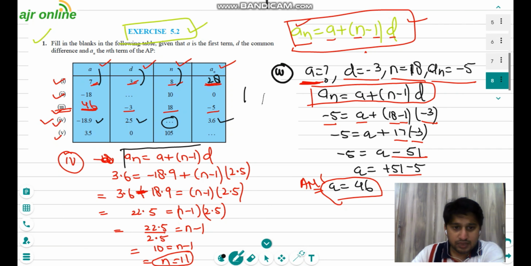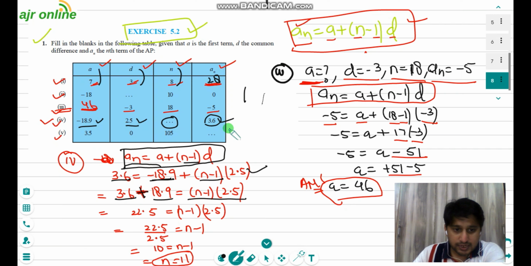Again we use the same formula, an is equals to a plus n minus 1 d. So 3.6 equals 18.9 plus n minus 1 into 2.5. First take 18.9 to this side, it becomes 3.6 minus 18.9, and keep the rest the same.